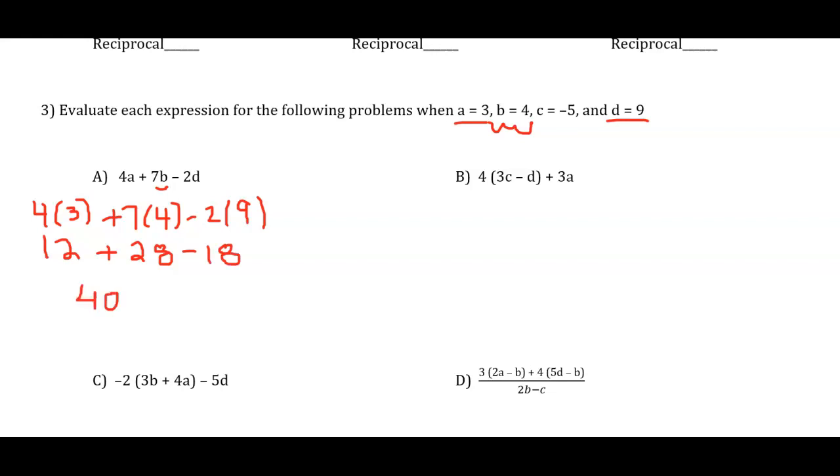So then you get 40 minus 18, which is 22.